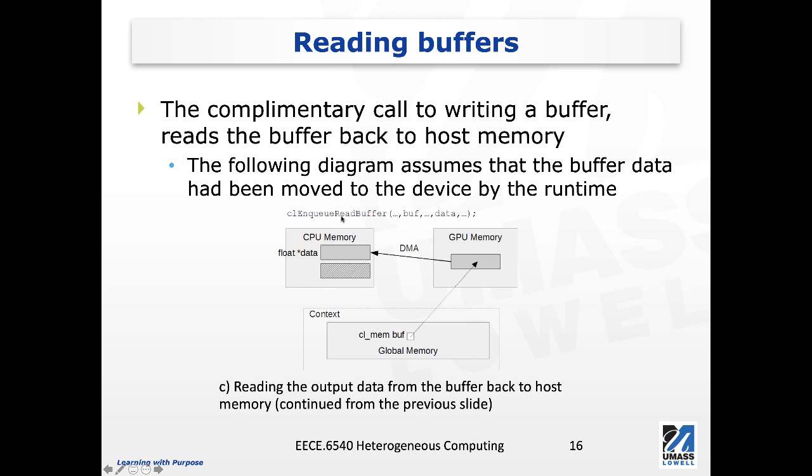Then clEnqueueReadBuffer takes this buffer object as one of the arguments, and also the data pointer, which is the destination where we want to read the data to. This API will cause the OpenCL runtime to actually copy the data from the device side to the host side.